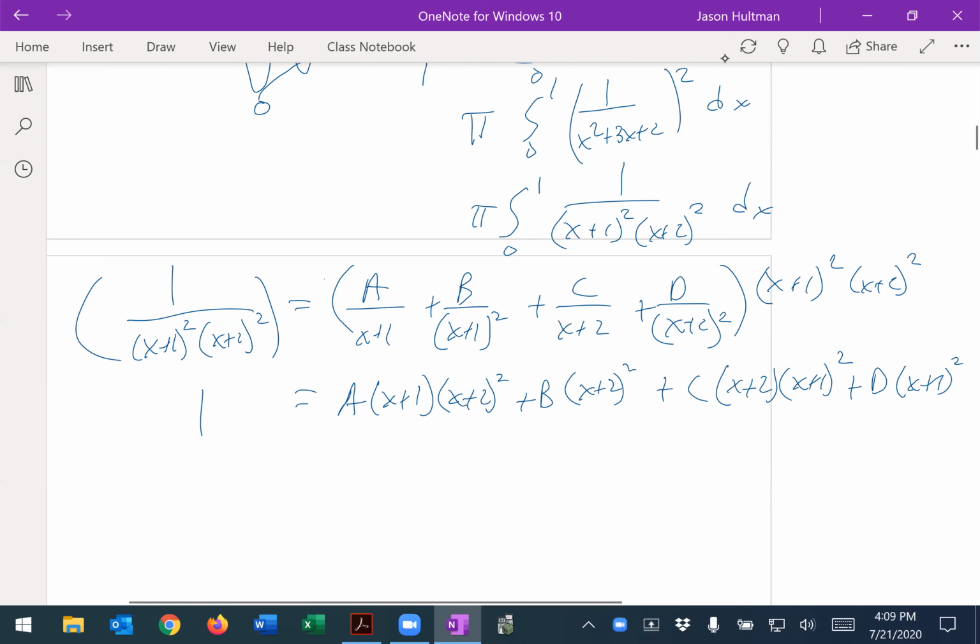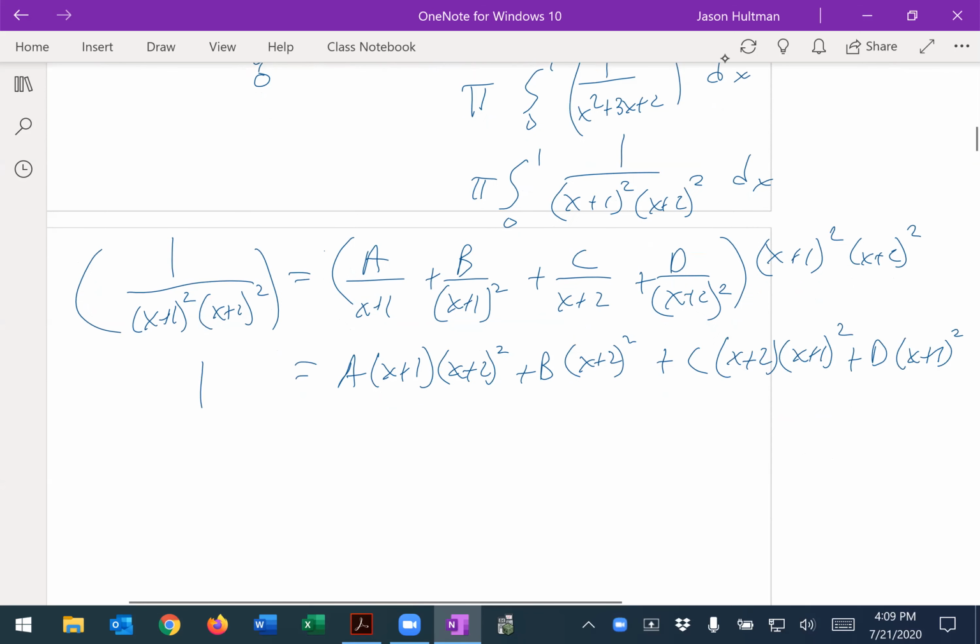Now let's go for our obvious values that we want to get rid of. Question: raising to a power doesn't make it quadratic? No, it's a linear factor squared. The thing is that it's factorable.